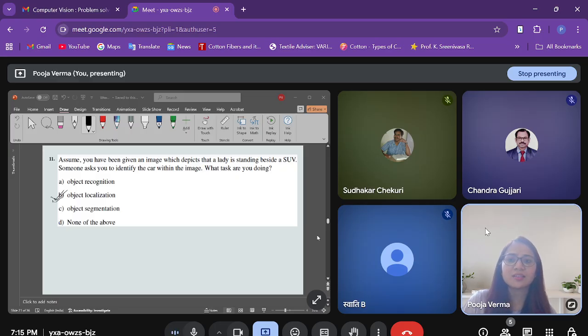But they simply ask you to identify the car within the image, so you don't need to go with the segmentation. You have to just localize the car. Where is this car? So more appropriately, otherwise, the three tasks are applicable on the image.